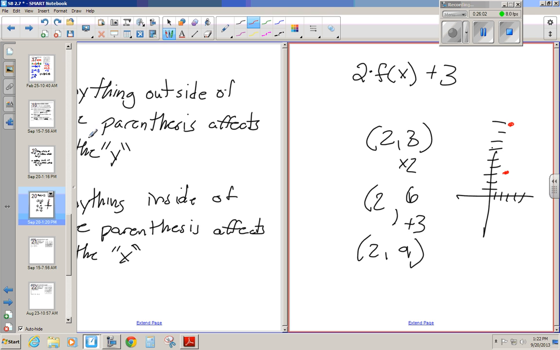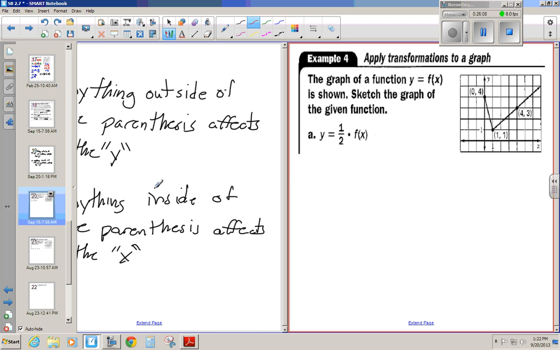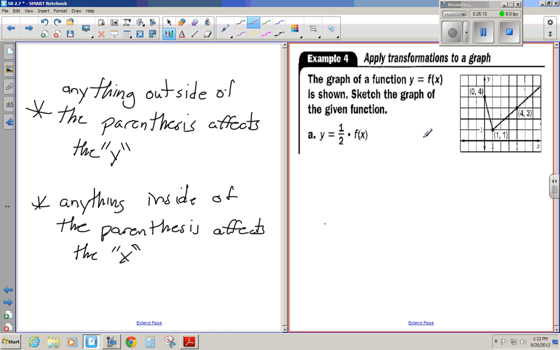So let me delete this one. All right. So looking at this, here are your points. Here's a 0, 4. Is there anything happening inside the parentheses? Hopefully you'll say no. The only thing that's happening is the y value is getting cut in half. So 0, 4 gets cut in half.